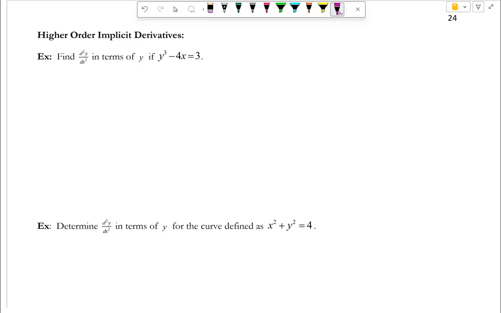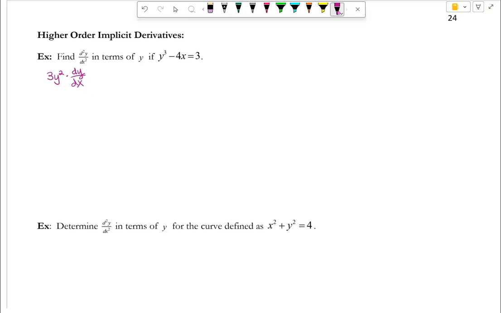So when we find our first derivative, again, we're starting with our power rule. So we would get 3y squared times y prime or times dy/dx, whatever you feel most comfortable writing there. I'm going back to dy/dx on this one. So that's our derivative of y cubed.